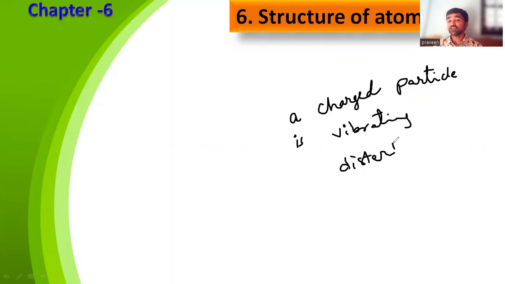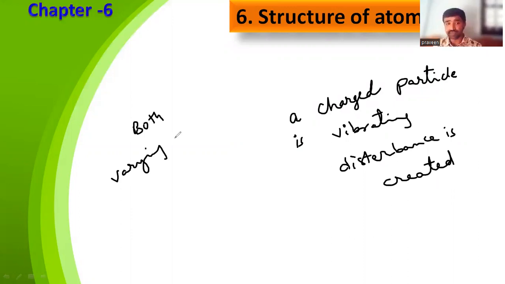The disturbance created by that vibrating charged particle has both varying or vibrating electric and magnetic fields around it. The electric field and magnetic field are present around the charged particle, and that can be forwarded into its surroundings.